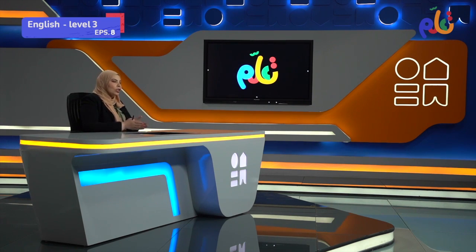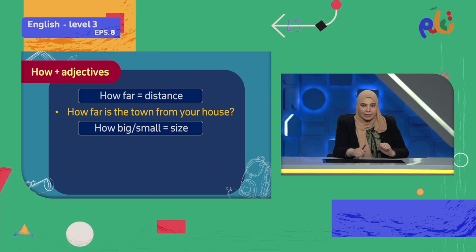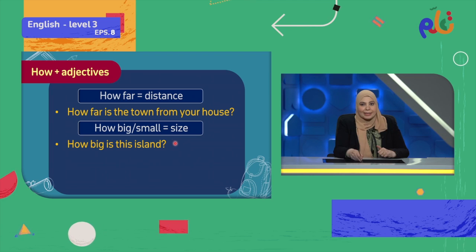So the questions with how are going to help us ask about details for these landmarks. If I'm going to talk about how, we have how far, which is asking about distance. So how far is the town from your house? And we have how big or how small to ask about the size. So how big is this island?